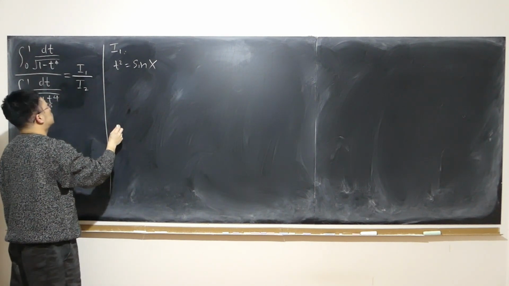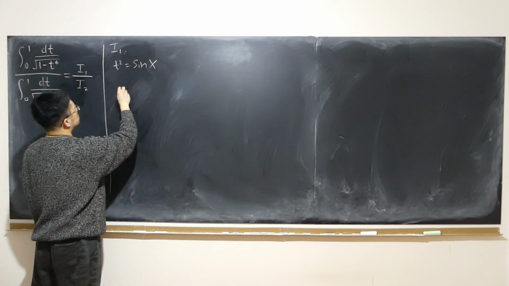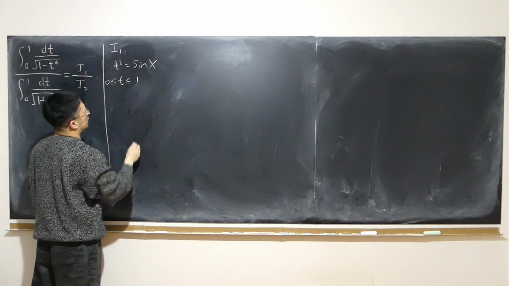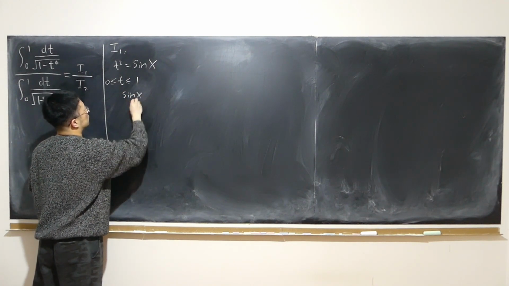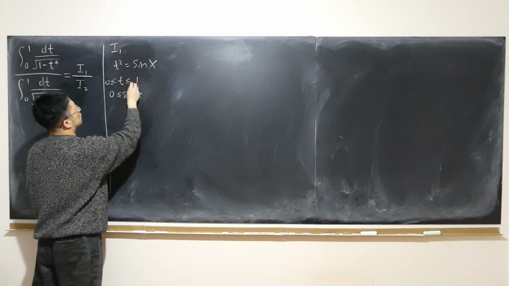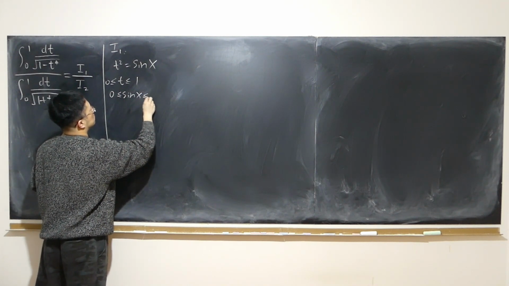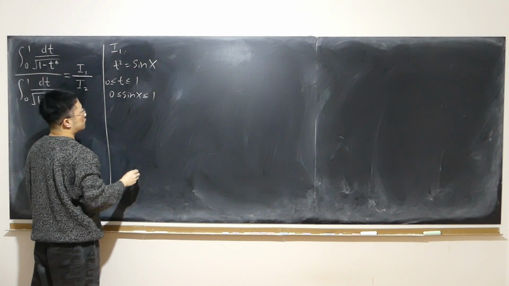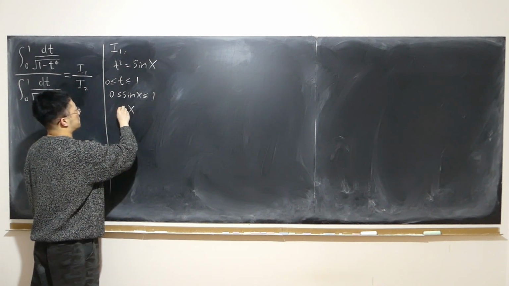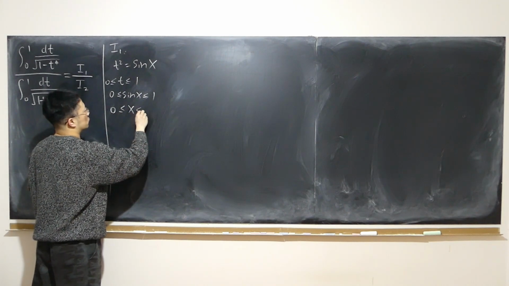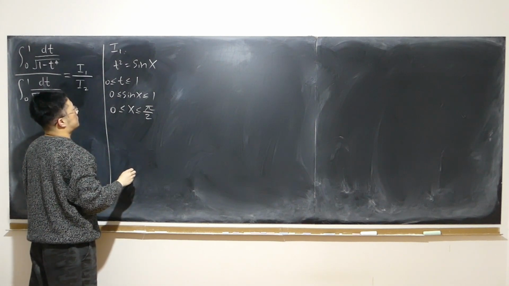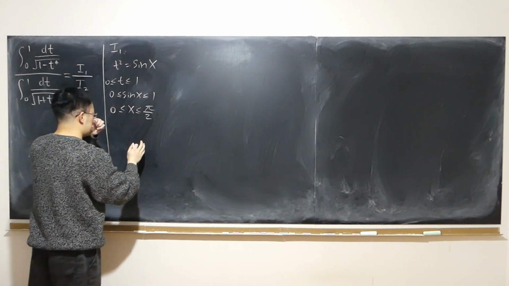So t goes from 0 to 1, which means sine x should be between 0 and 1 as well. So maybe I can just restrict x to between 0 and half pi. I think that will be enough, and that is my new boundary. Just keep this in mind.